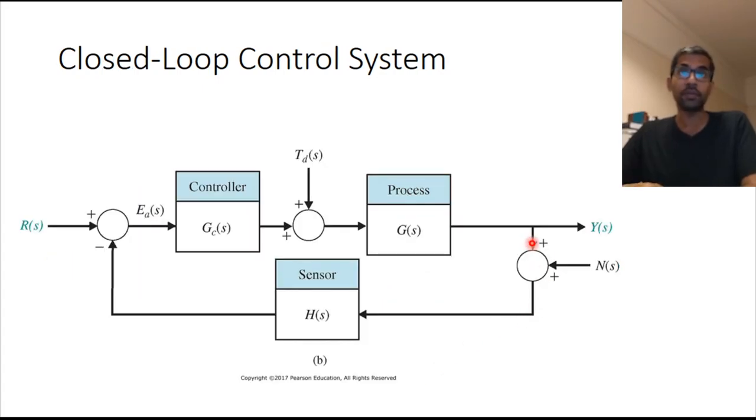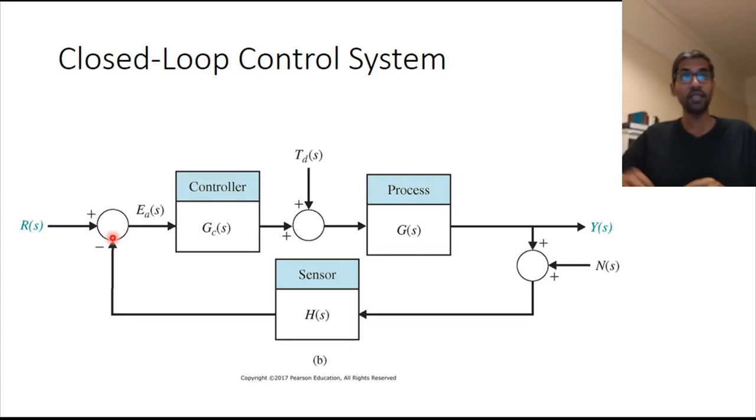A closed loop control system, in contrast with the open loop control system, has feedback built into it. So it's not just that the input gives a particular output, but that the output is measured using a sensor and compared with the input to see whether you have got the desired output or not.